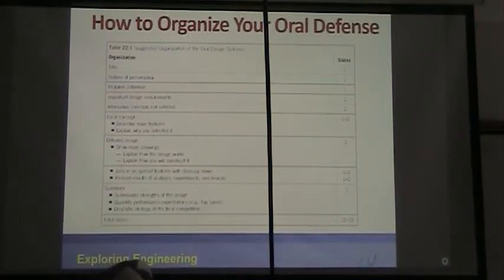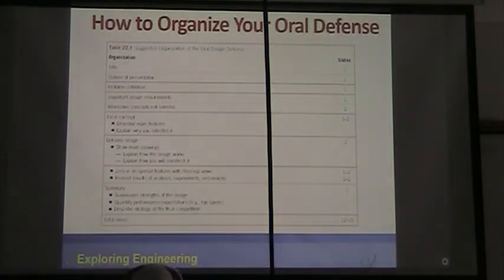And I cracked the book open. It can't be 22.1 because, as you saw at the beginning, we are in chapter 25. All right, so instead it's table 25.1.